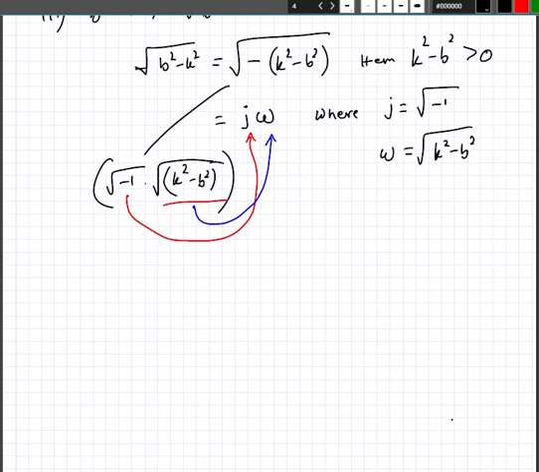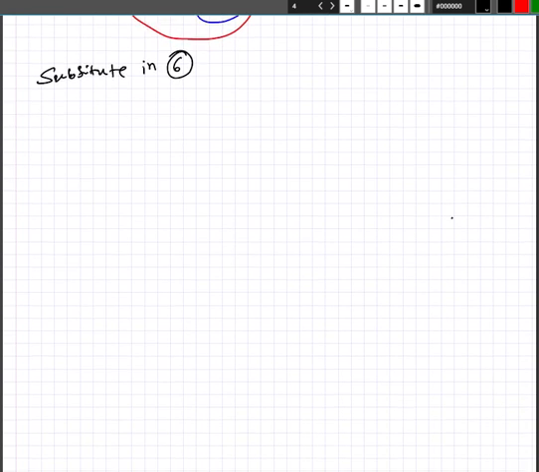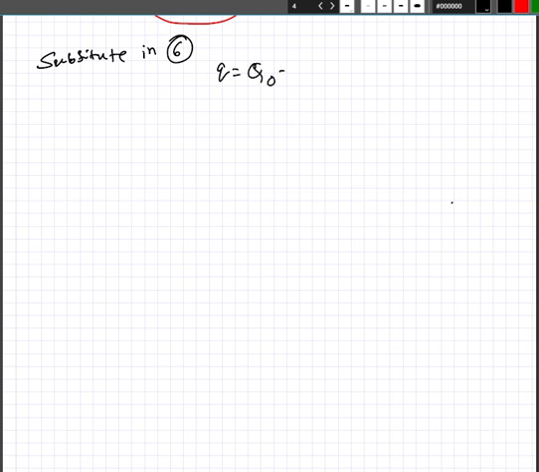So we substitute in equation 6, and what you get is Q is equal to Q naught minus Q naught by 2 into e to the power minus Bt into bracket 1 plus B by j omega e to the power j omega t plus 1 minus B by j omega into e to the power minus j omega t.